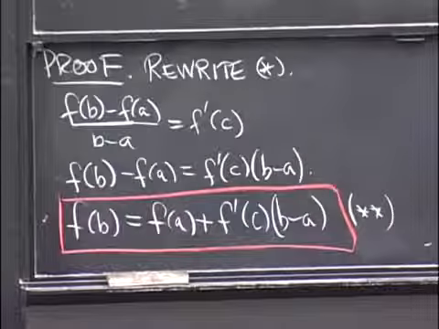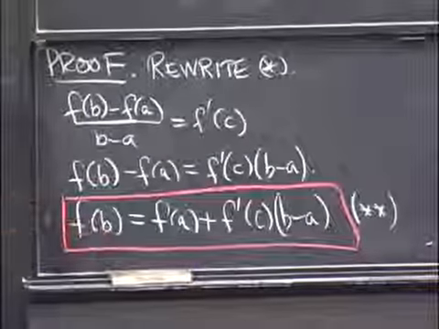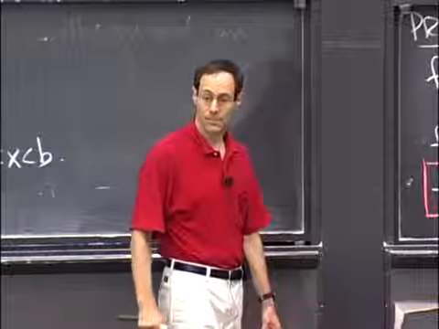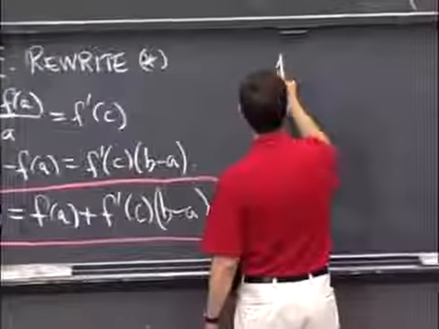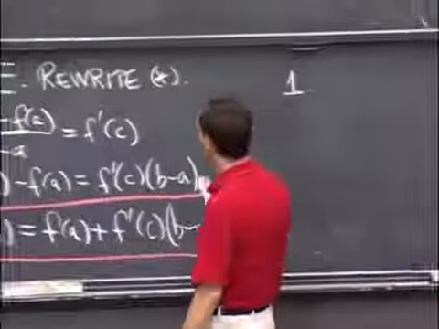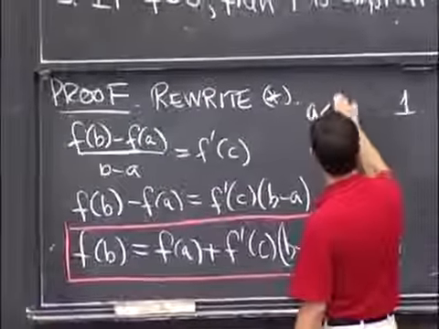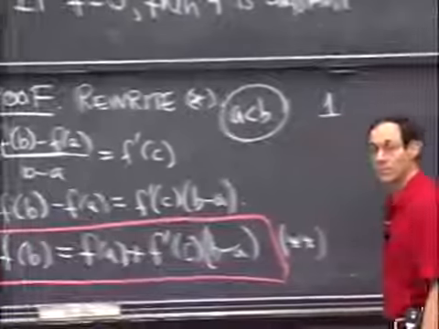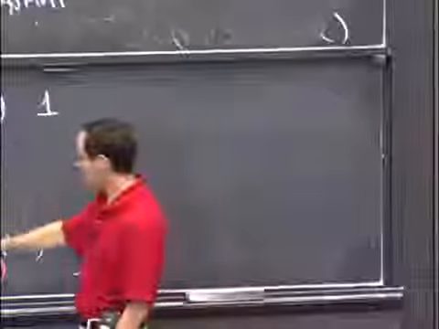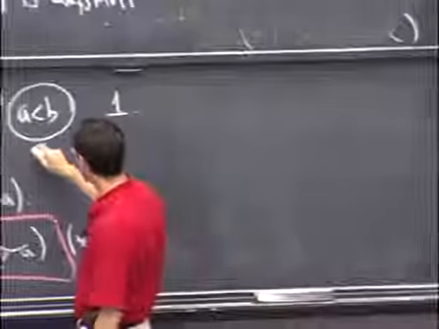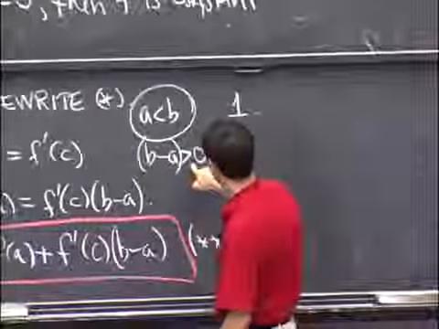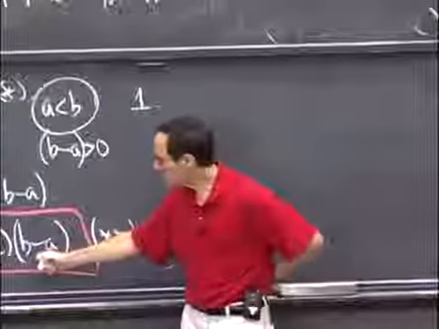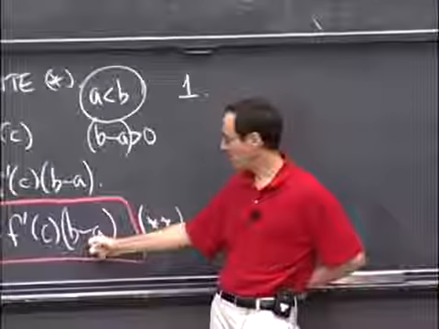And now, with the formula written in this form, I claim that I can check these three facts. So let's start with the first one. I'm going to set things up always so that a is less than b. And that's the setup of the theorem. And so that means that b minus a is positive, which means that this factor over here is a positive number.